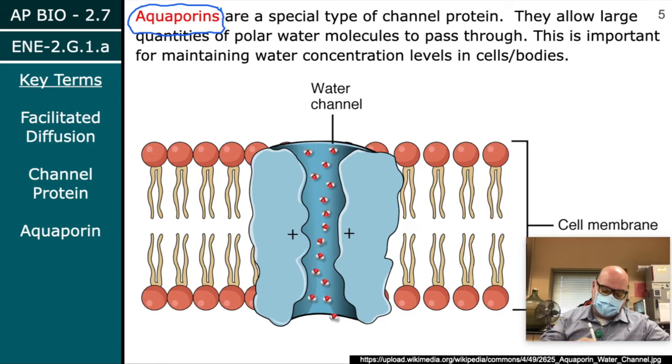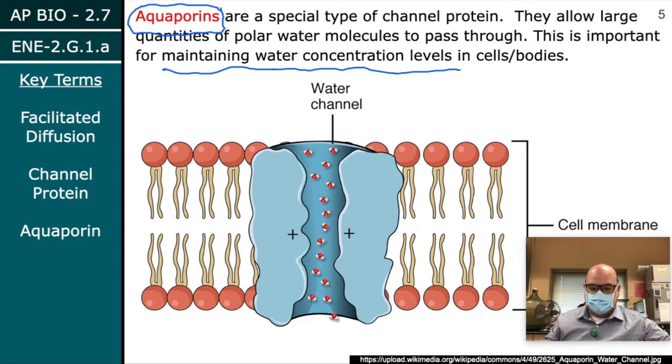And that happens because, as you know, water concentration levels in cells is a really big deal. If cells dry out, they'll shrivel up. If cells have too much water in them, they can burst open. So cells like to keep their water concentrations controlled. Who's going to make that happen? Aquaporins. They do it quickly, okay? They do it in large amounts.